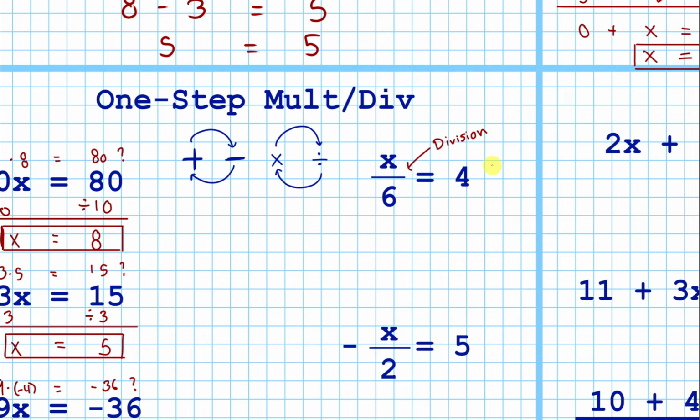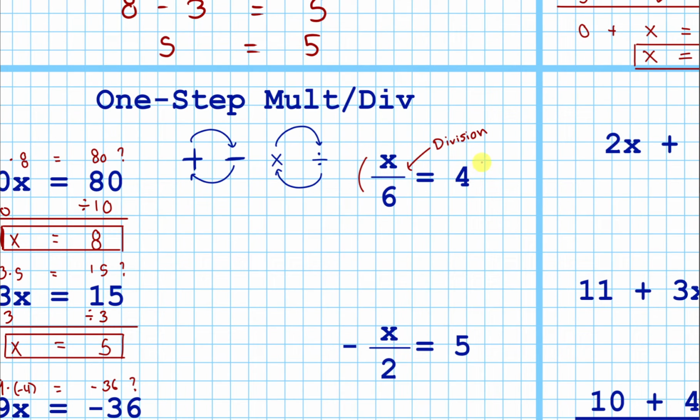Because after all, fractions are just taking a larger number and dividing it into smaller pieces. Fractions are division. So this isn't just x over 6. This is x divided by 6.